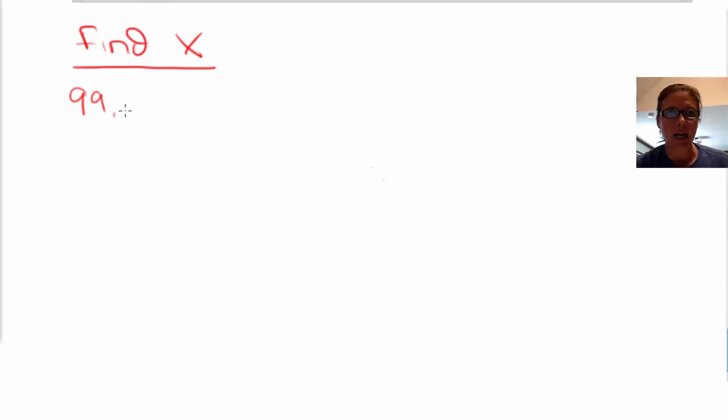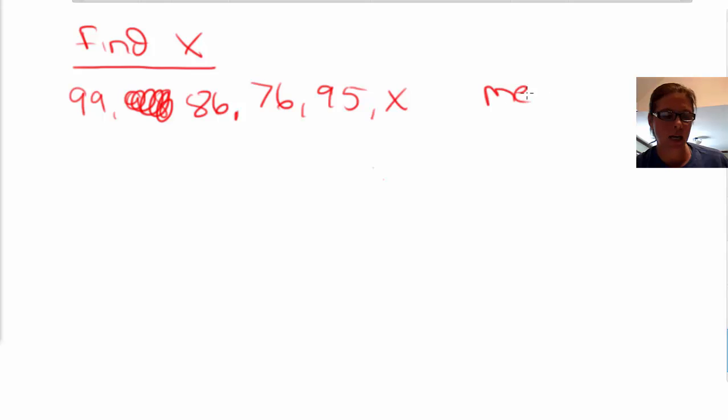This one, I like this problem, so you will probably have it again. Okay, so if you have this data, 99, 86, 76, 95, and X. And we know the mean is 91. Then we need, so remember, mean is the average.